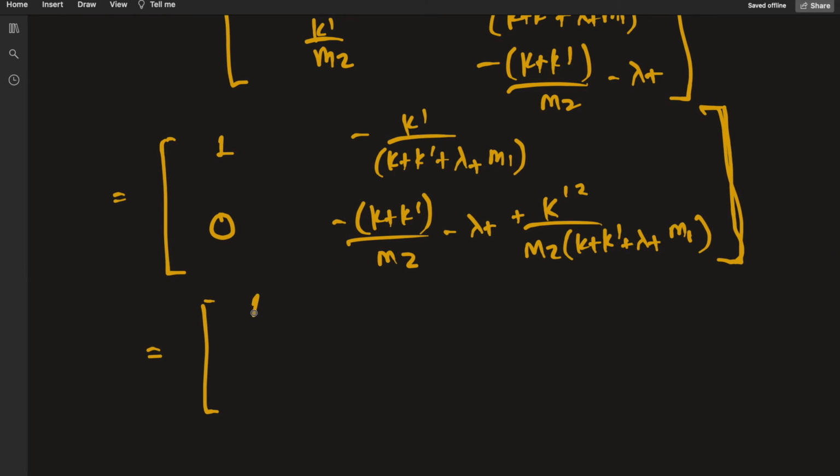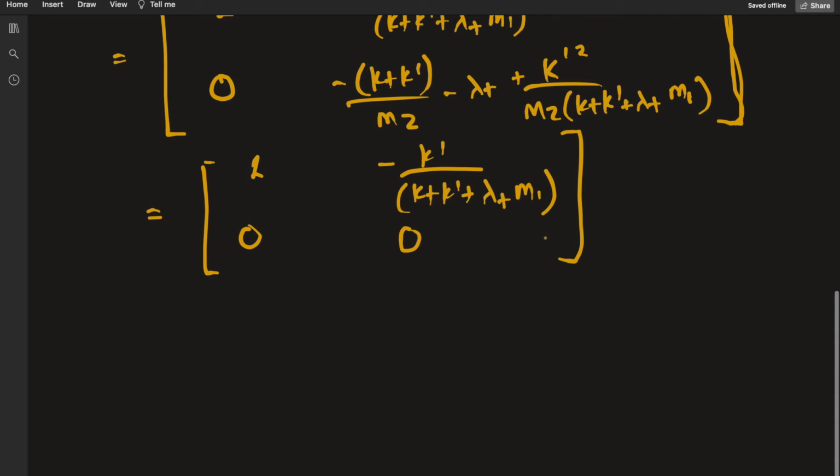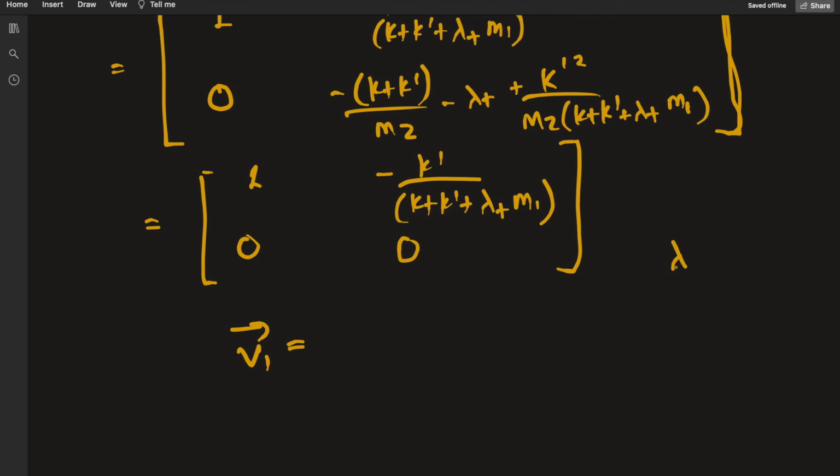So if this is 0, we just have 0 and 0 here, and negative k prime over (k plus k prime plus lambda plus m1). And now finding the null space is easy, and when we do that, we get the first eigenvector corresponding to lambda plus, and that just becomes 1, (k plus k prime plus lambda plus m1) divided by k prime.